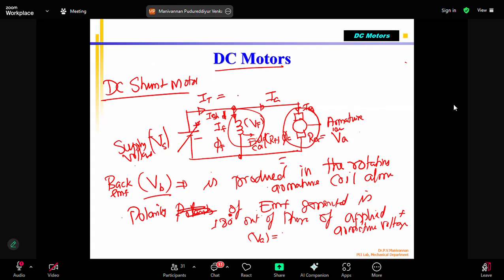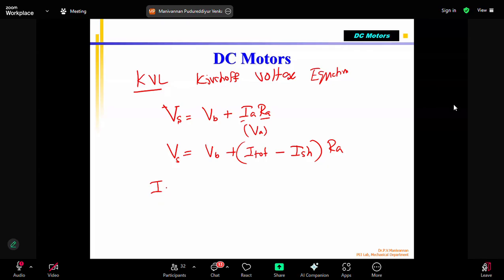I total equals I shunt plus IA. So from the battery, a current goes to this point. One portion of current goes to this coil, we call that shunt current, I shunt, and the remaining current goes to the armature coil, which is called armature current. That's what we are talking about. So I can write I total, which is nothing but I supply from the battery, equal to I shunt plus IA.